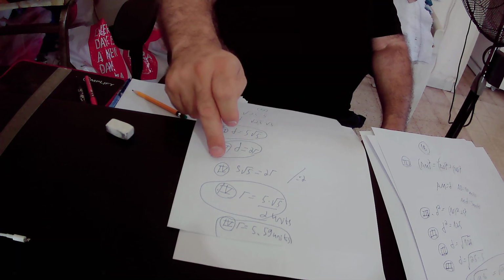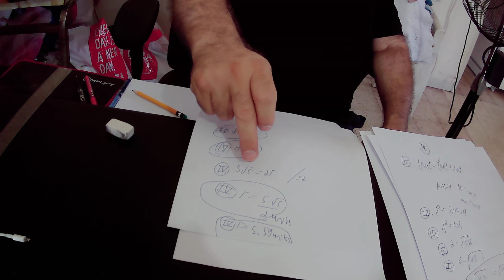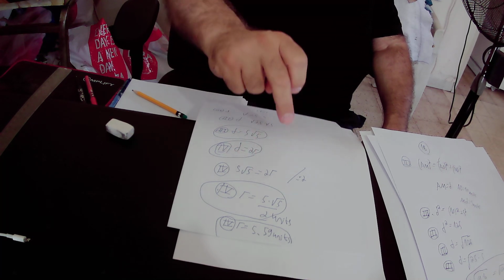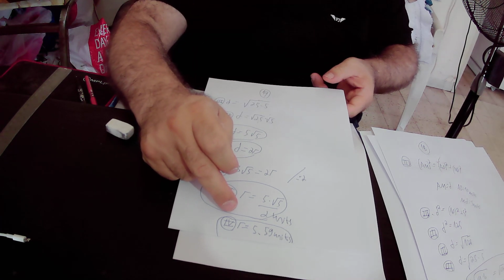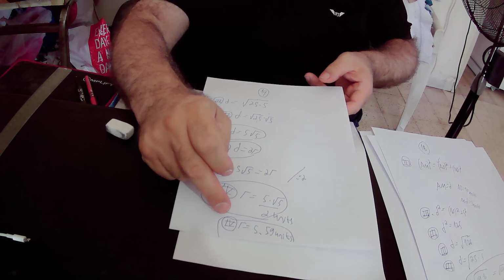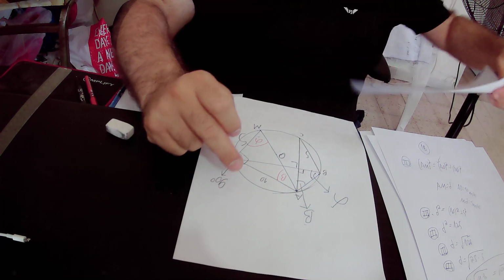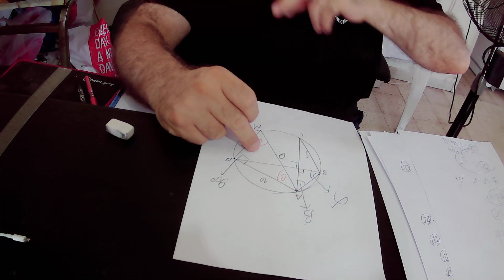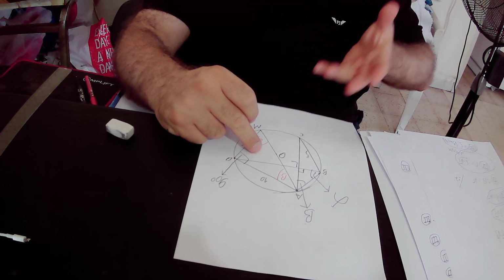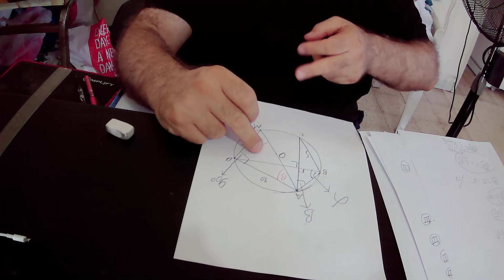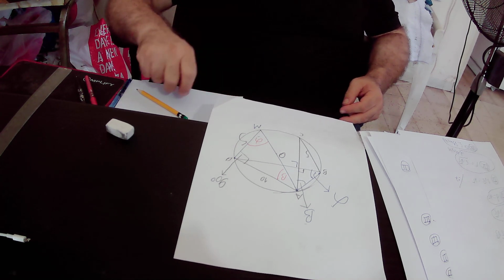We divided equation number 4 by 2, and we got that the radius of our circle equals 5 times root 5 over 2 units, or about 5.59 units. Okay, thank you very much.